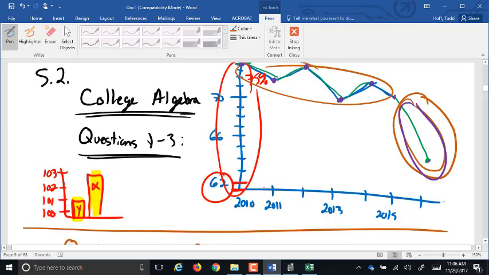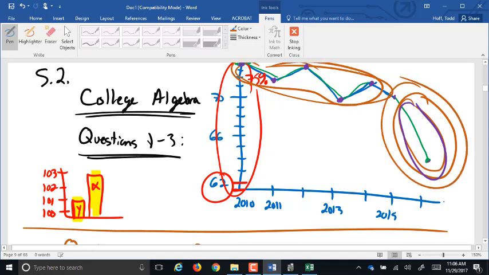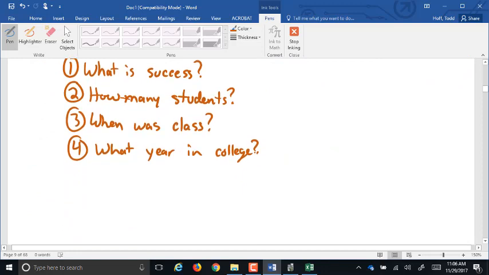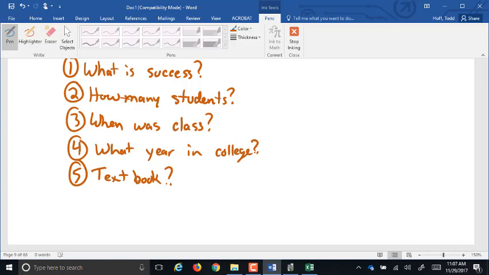Did they change it to where students were taking it before in their junior or senior year, and now they're taking it in their freshman or sophomore year, or something like that? That may have changed what they're doing. So yeah, what year in college those students are is a big deal. Did they change textbook? Changing the textbook might cause the grades to fall, or other curriculum changes.